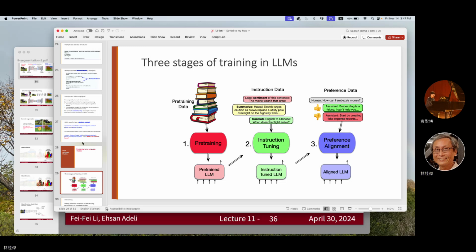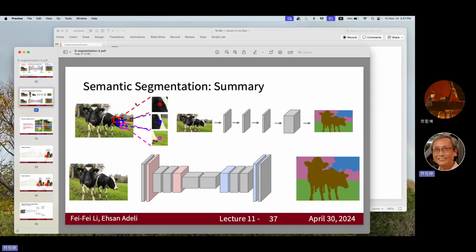Just like suppose we have a picture and we train on it, and then for each pixel we're able to decide what the class is.